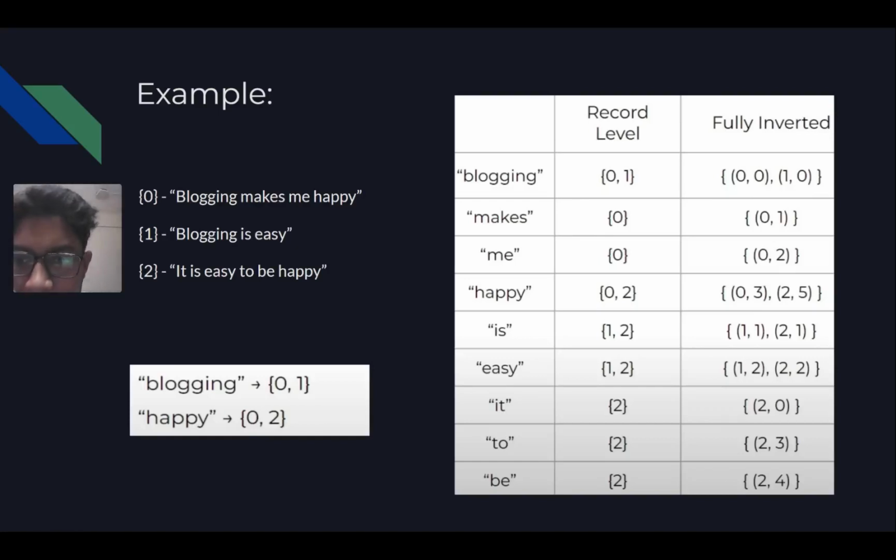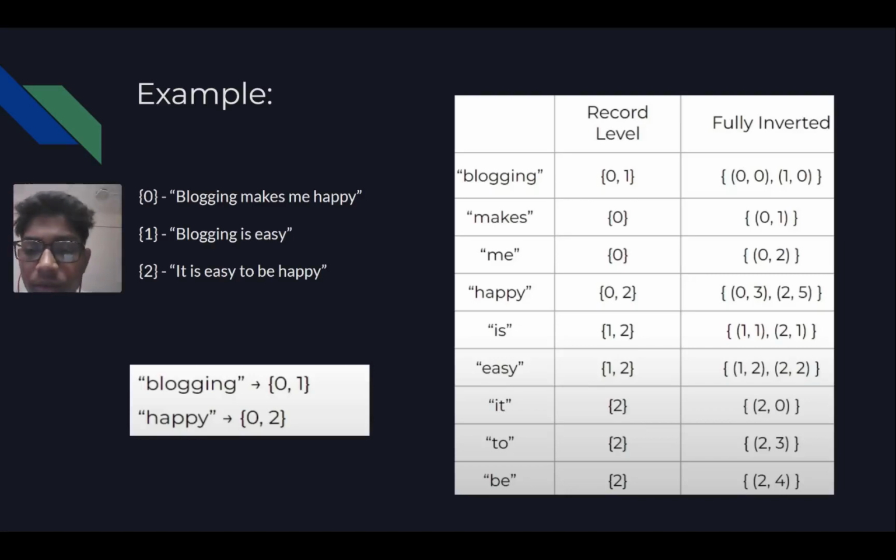Then we would store these sentences in inverted indexes like this, which you can see in the picture on the right hand side. The record level represents the document ID where the words are stored, and the fully inverted sets represent the document ID in the first number and the location information in the second number inside the parenthesis.